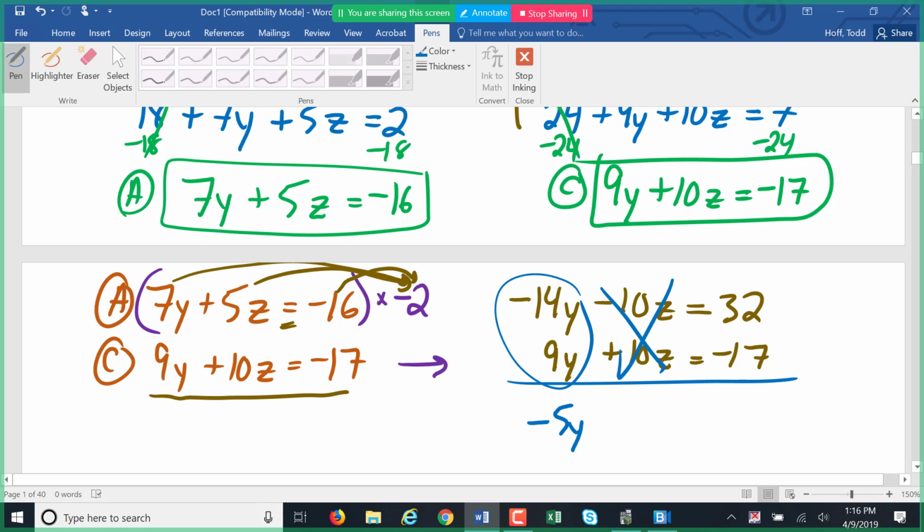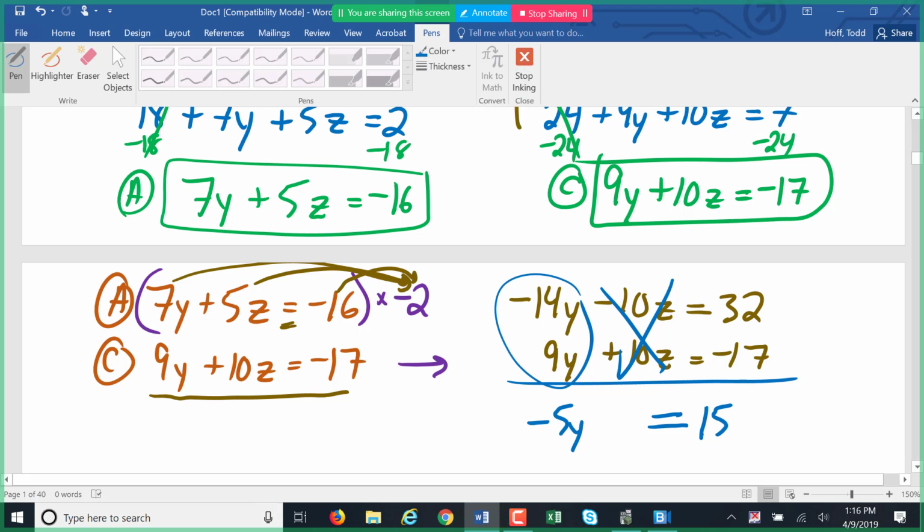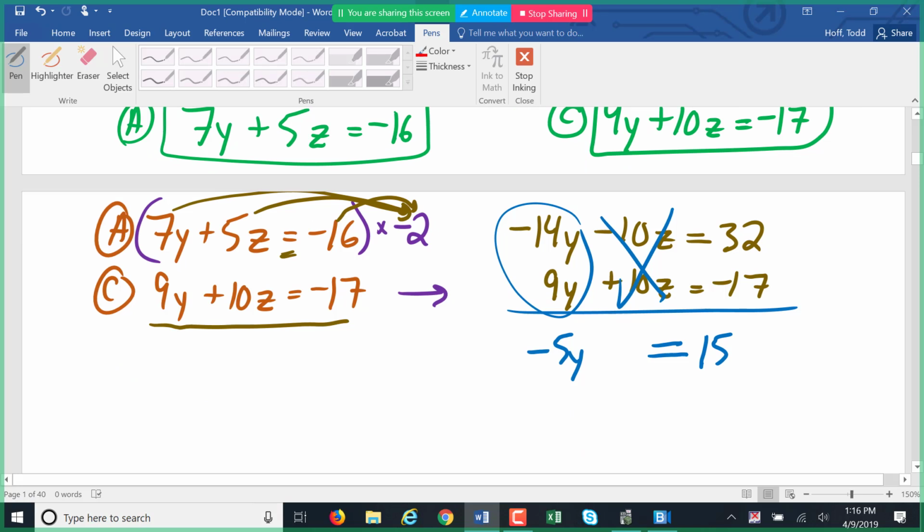It's 0. Equals 32 plus negative 17 is 15. Now we're down to a single equation with one variable. We solve it by dividing by negative 5. y equals 15 divided by negative 5 is negative 3.